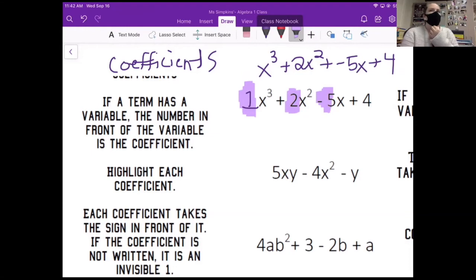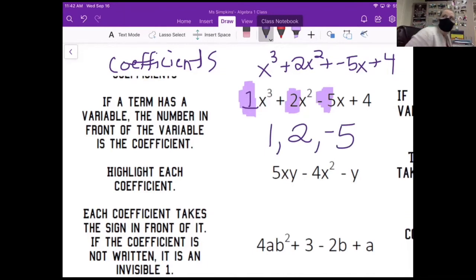There's imaginary math all over the place, and this is one of those places. When we have variables that don't have anything, we're just going to assume that that number in front is going to be a 1. So I'm just going to list those coefficients. Our 3 coefficients were 1, 2, and -5.